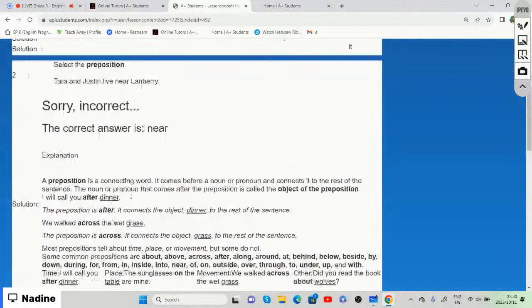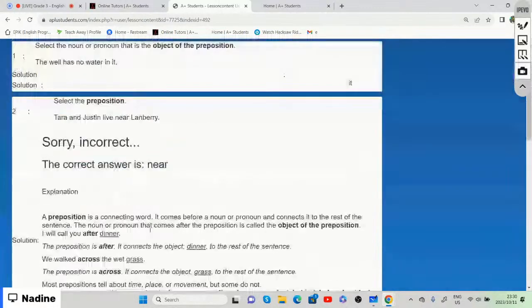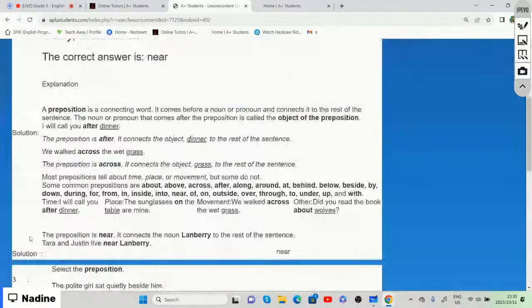Before we go on to selecting the preposition, remember we said that an object of preposition is the noun. A preposition is a connecting word and it comes before the noun or the pronoun, and it connects it to the rest of the sentence.